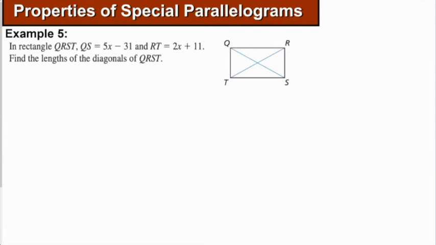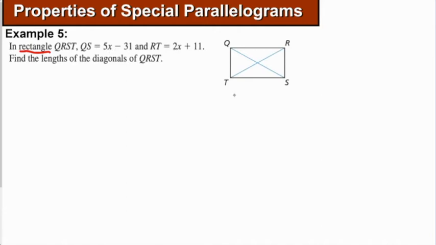Example 5 states that in rectangle QRST, once they say that, they are telling you it is a rectangle, so the properties of a rectangle will apply, and you can use those properties to solve. It says QS is 5x minus 31, and RT is 2x plus 11.